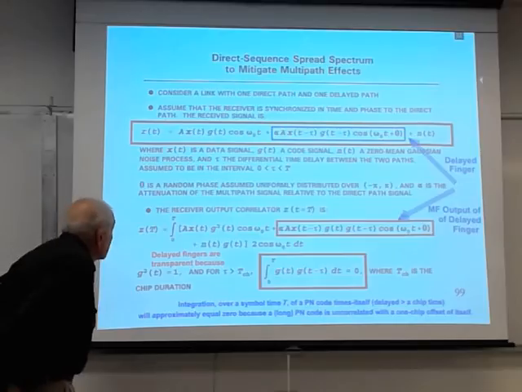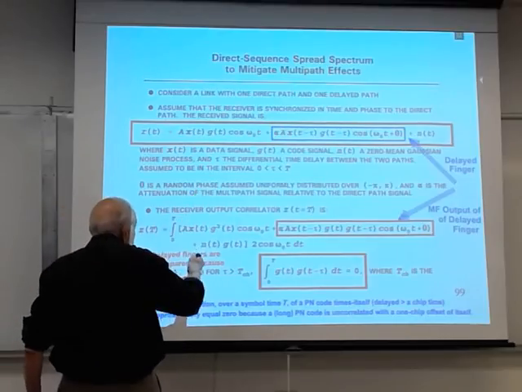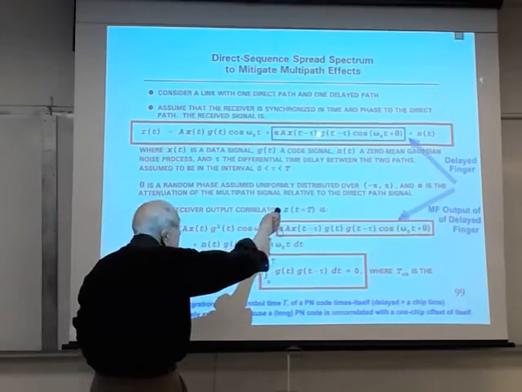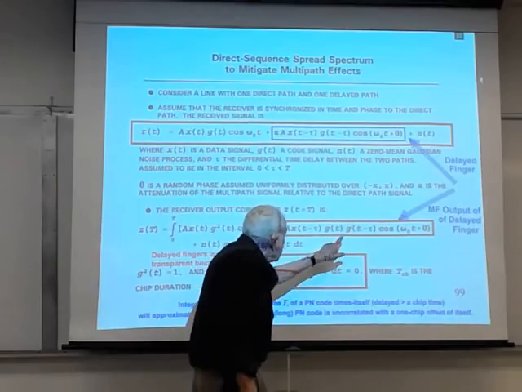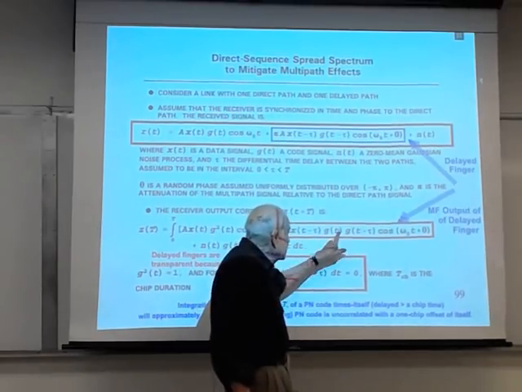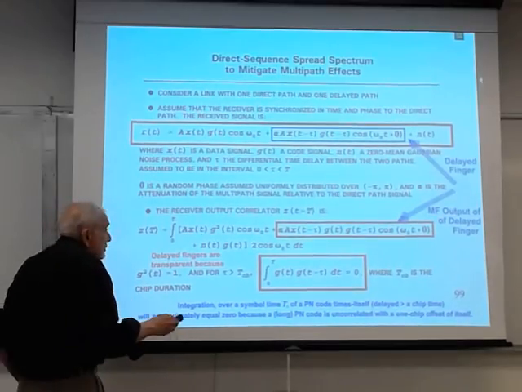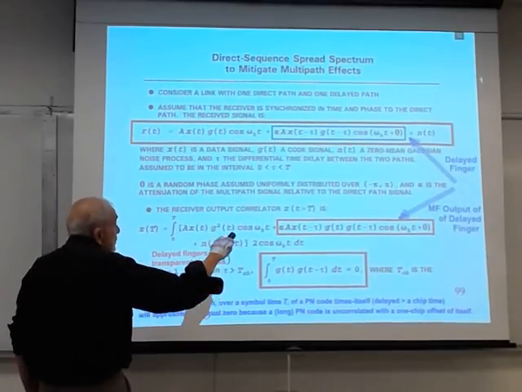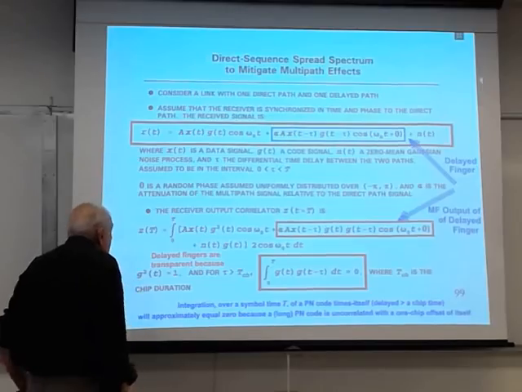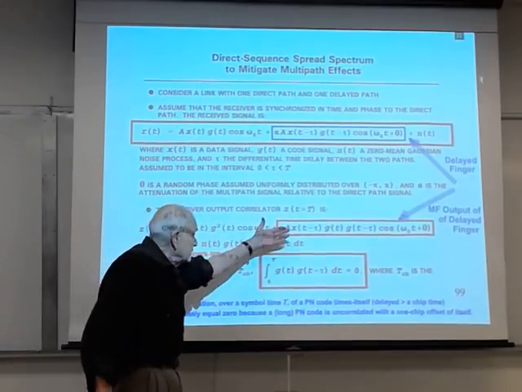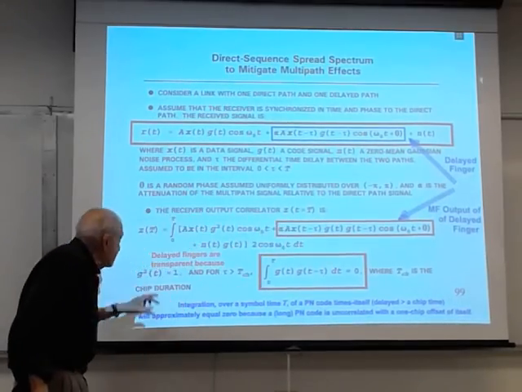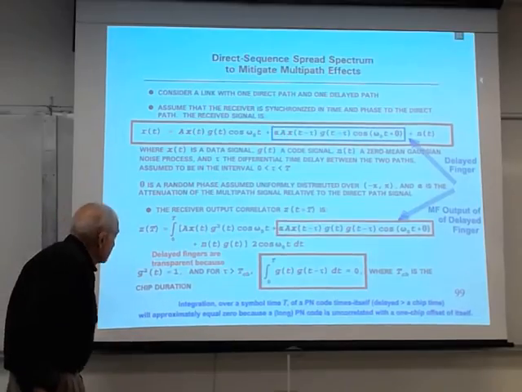So g of t becomes g squared, and g of t minus tau becomes g of t minus tau times g of t. This part we refer to as the delayed finger. And in the matched filter, look at what happens as you integrate this now.